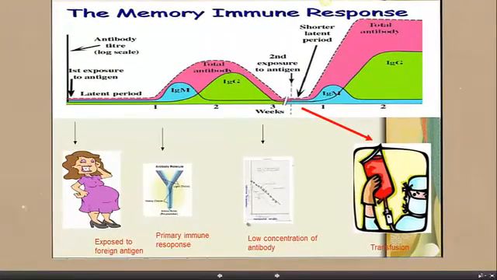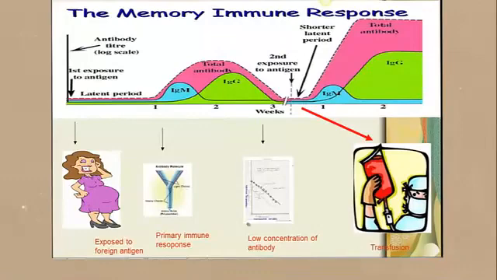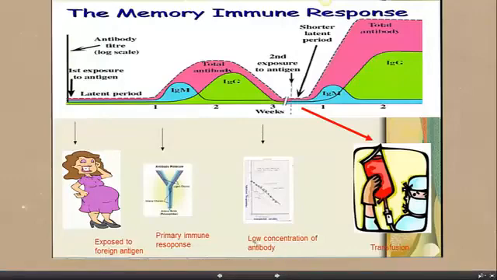This is the pathophysiology. How does this happen? So for example, during pregnancy, the mother will be exposed to the foreign antigen from the fetal red cells. And then it will take about 1 week after exposure for the mother to produce the antibody against the red cells. And if after delivery, the mother is not exposed to that antigen anymore, then the antibody level will be very, very low.